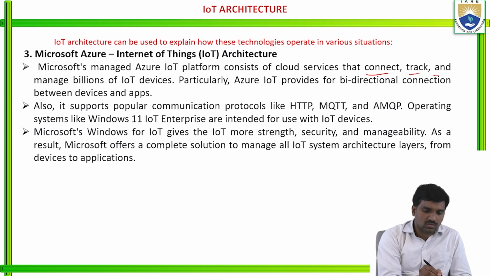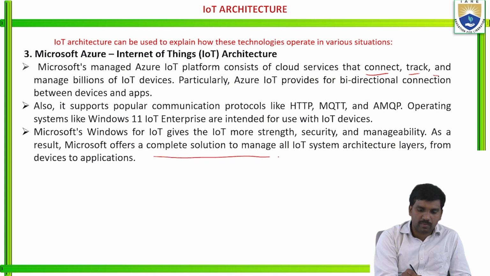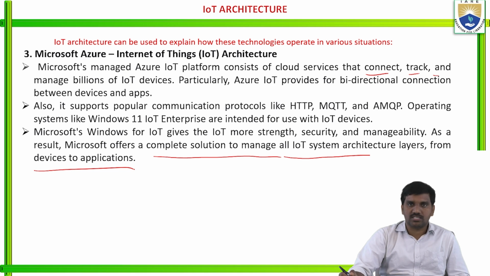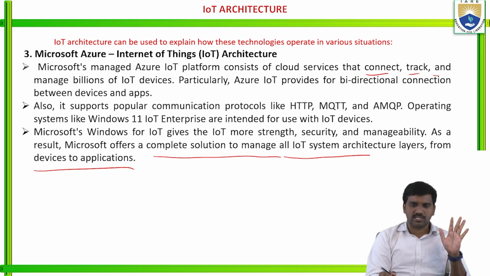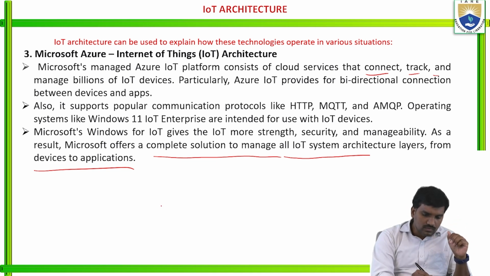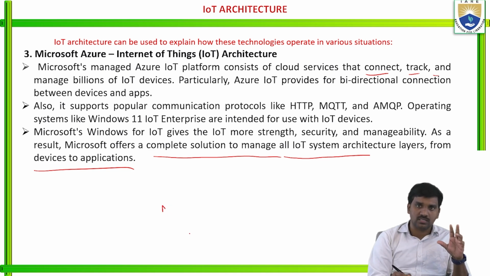As a result, Microsoft offers a complete solution to manage all IoT architecture layers from devices to the application, a single solution based on the requirements. This is the third situation, the Microsoft Azure architecture in the cloud in every floor of the building.